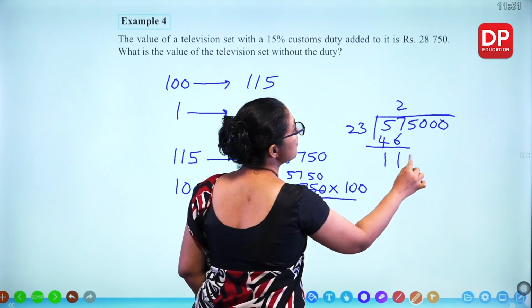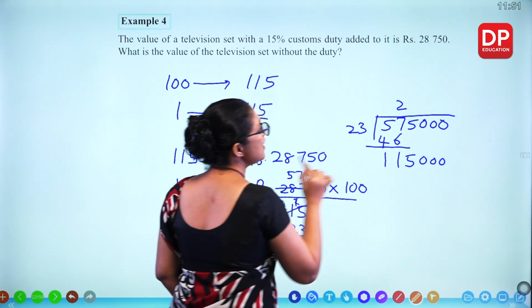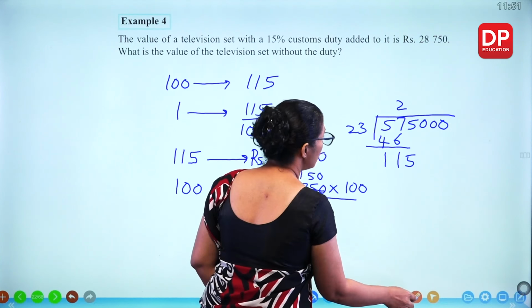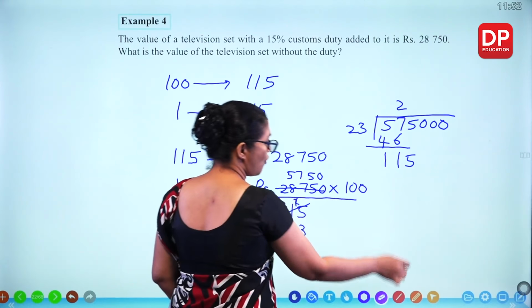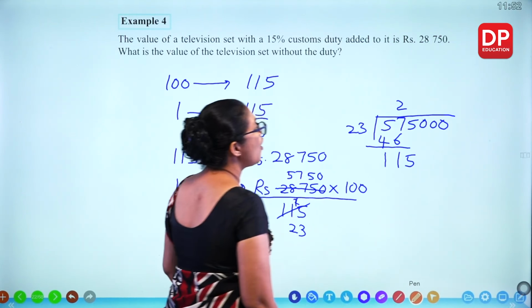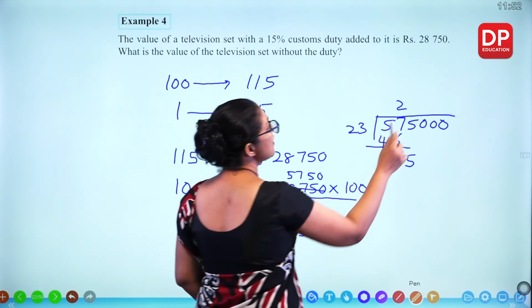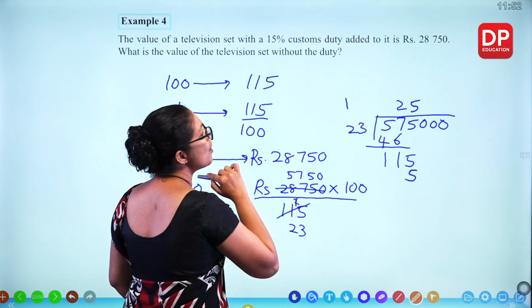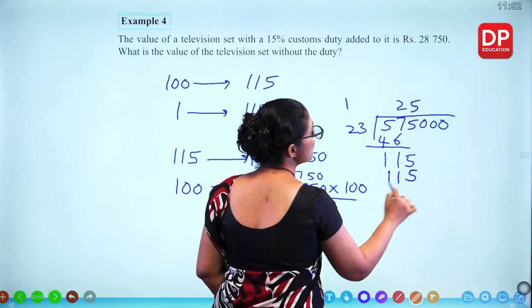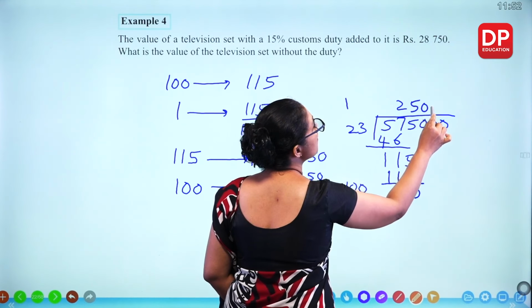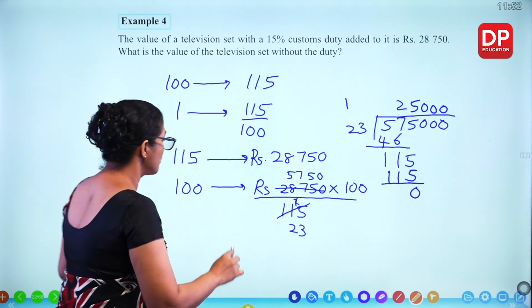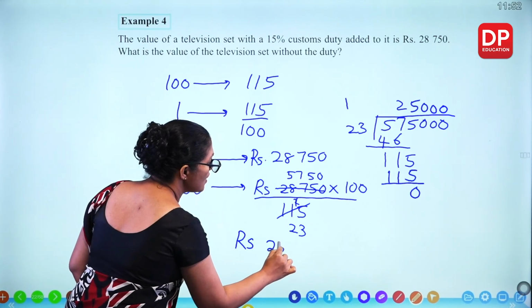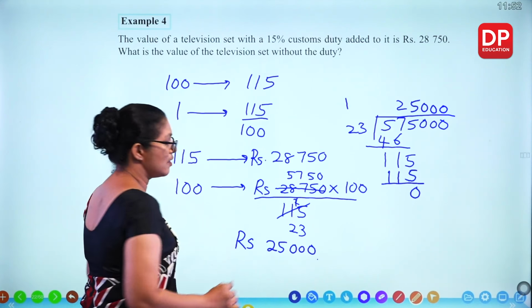Remainder is 11 for 115. For 115, how many 23s? You get 5. 5 times 3, 15. 1 remaining. 5 times 2, 10. 10 plus 1, 11. So you get 25,000. So what's the value without the tax? 25,000 rupees.